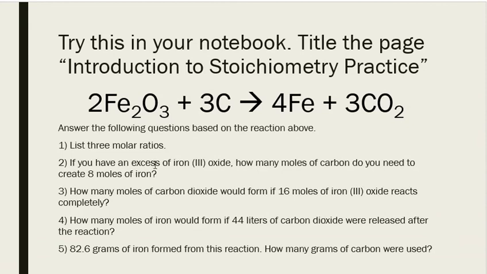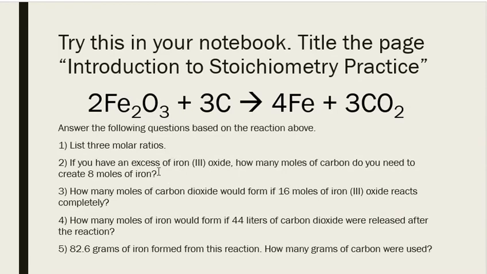So the first question is to list 3 molar ratios. Remember, a molar ratio says how many moles of iron(III) oxide we need in order to react with carbon. So think about how many of these have to react with how many of these. If you have an excess of iron(III) oxide, how many moles of carbon do you need to create 8 moles of iron?